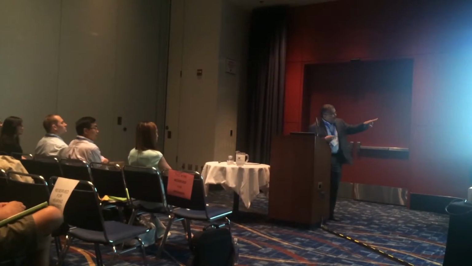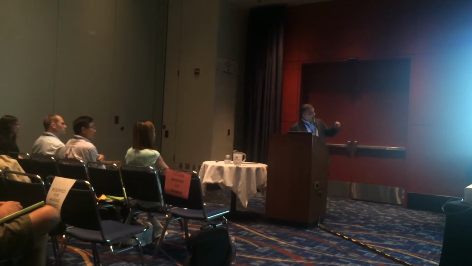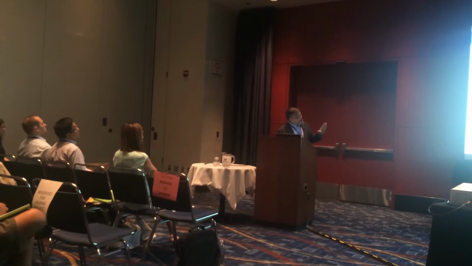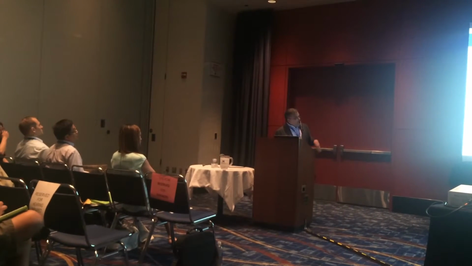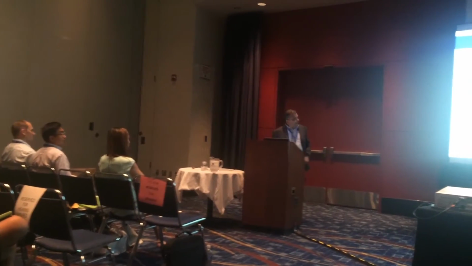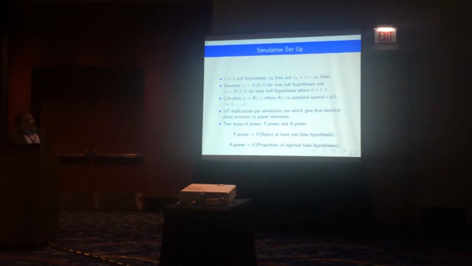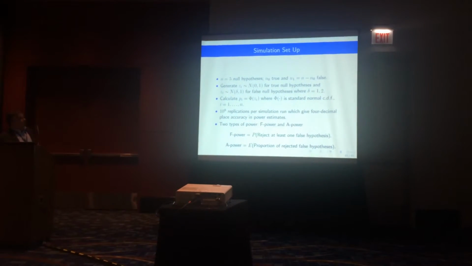But the values that we compute using this critical constant are not exactly the H0 group values, but actually more powerful. So the paper also gives constants for W equal to 0.25, 0.75, and then we did simulation to find the optimal value of W.